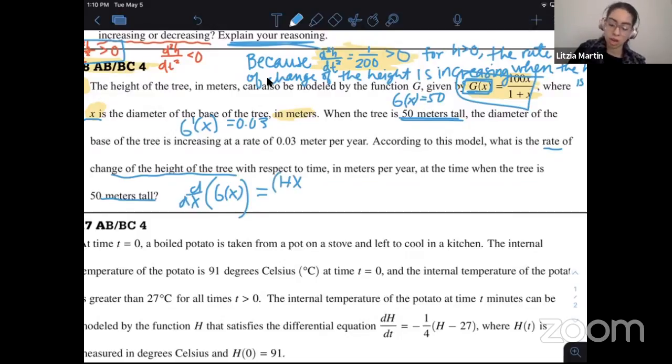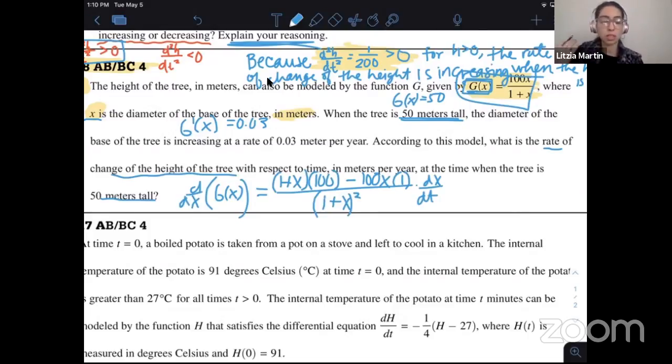The derivative of the top will be 100, minus high, d low. The derivative of the bottom will just be 1, and then we will square the bottom, 1 plus x squared, and multiply that by dx over dt.